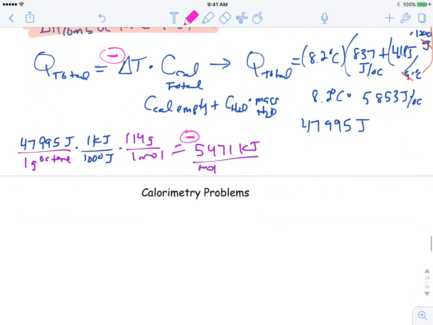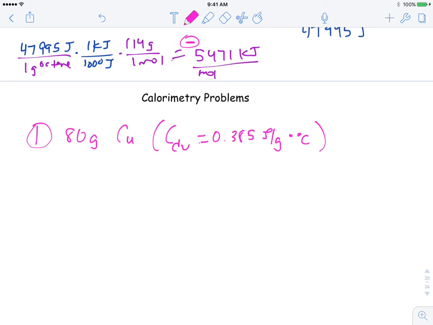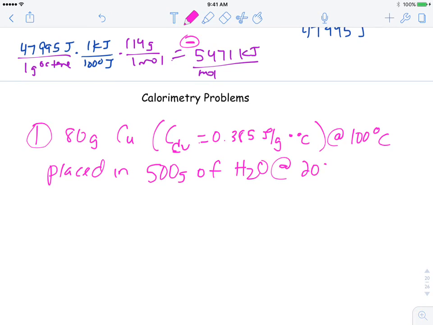And then the other type of calorimetry problem is when you have a coffee cup calorimeter. There are two types. One is where you just have two substances and they are combined. Like you could have 80 grams of copper, which has a specific heat of 0.385 joules per gram degrees Celsius, at 100 degrees Celsius, and that is placed in, let's say, 500 grams of H2O at 20 degrees Celsius.